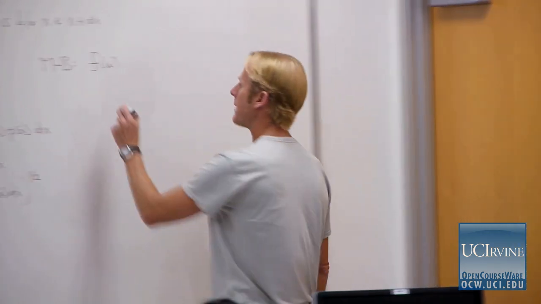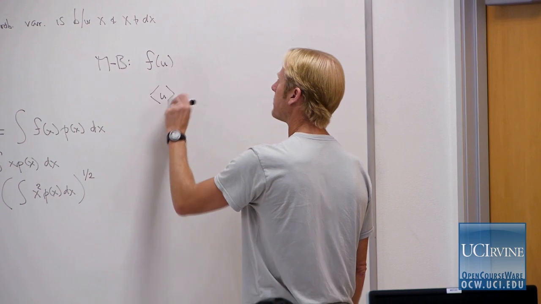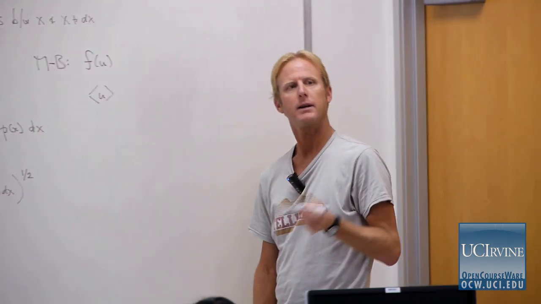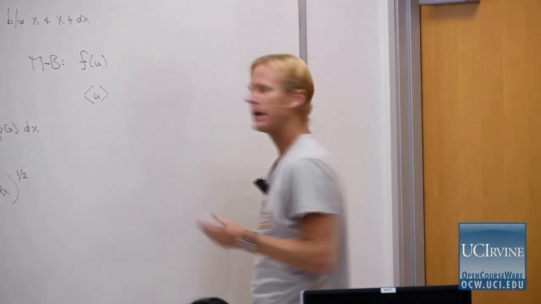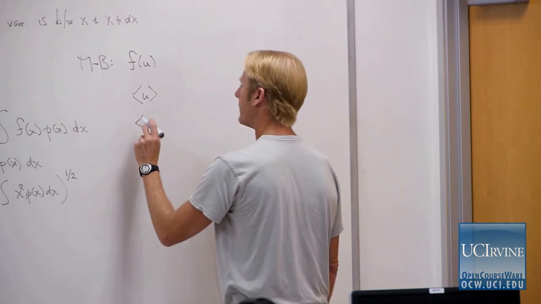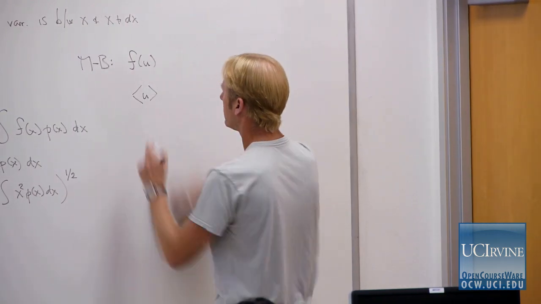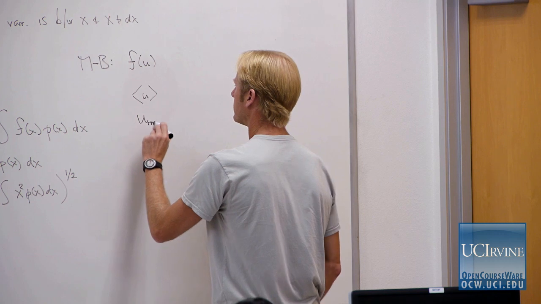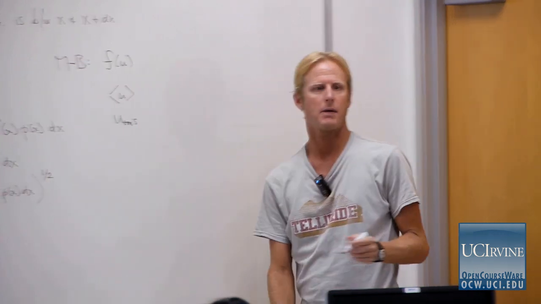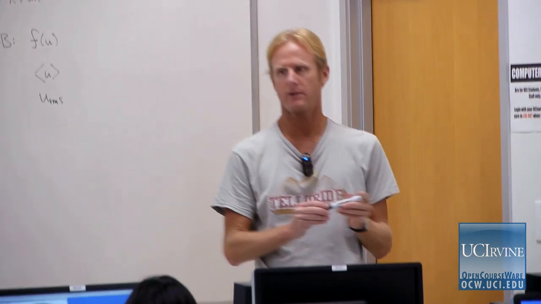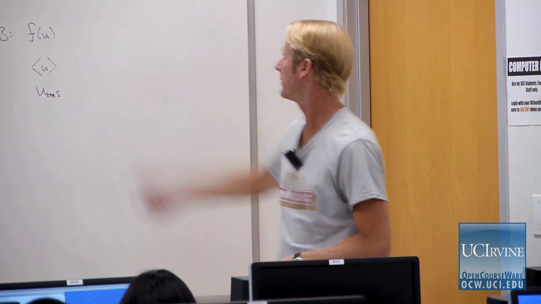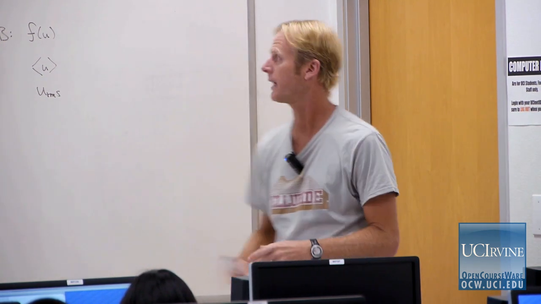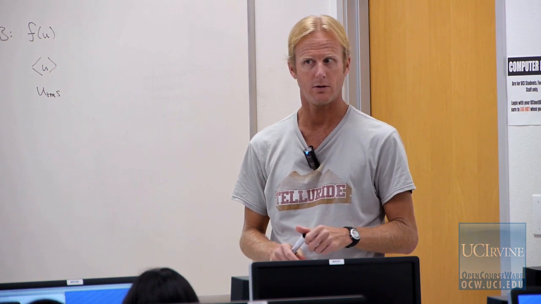So what we'll do next time is we'll calculate expressions for the average speed and the RMS speed, which you learned about in GChem. So we'll actually derive those expressions using the Maxwell-Boltzmann distribution and doing the appropriate integration. Okay, so we'll see you on Monday.